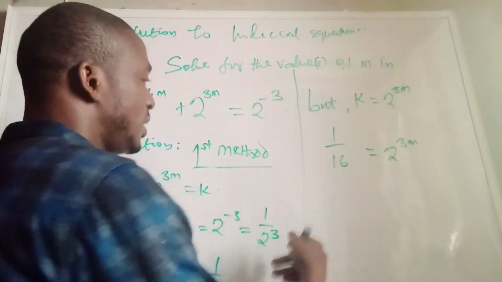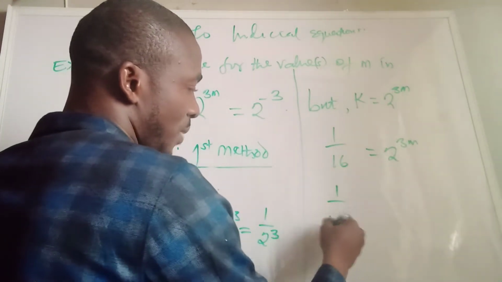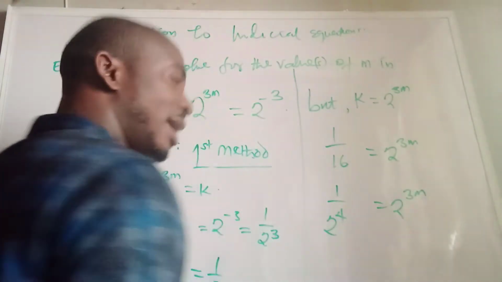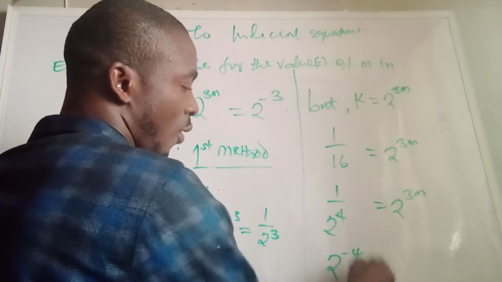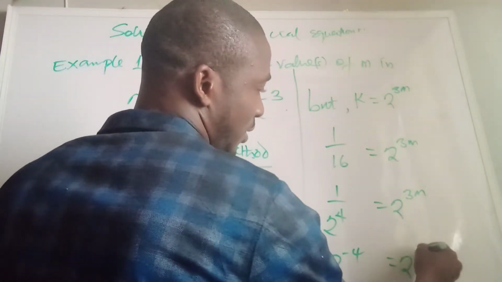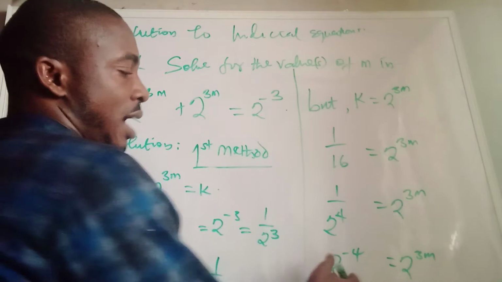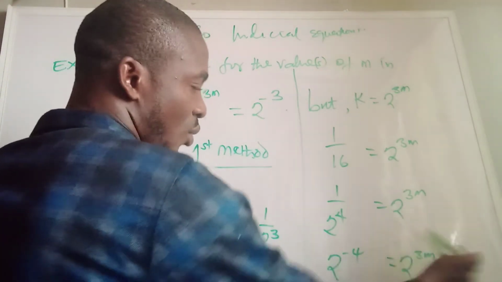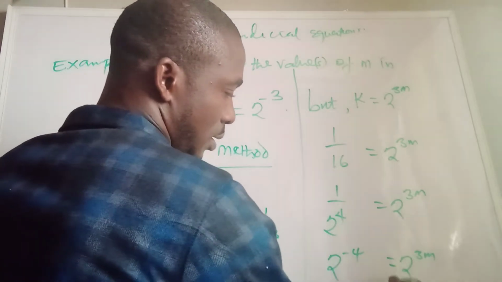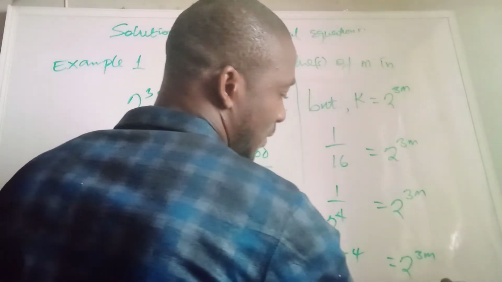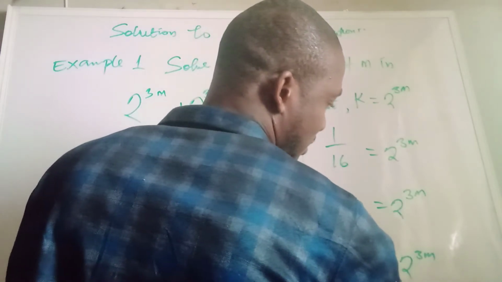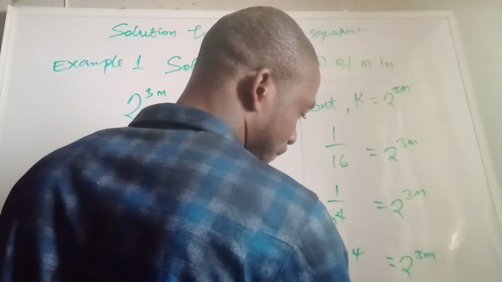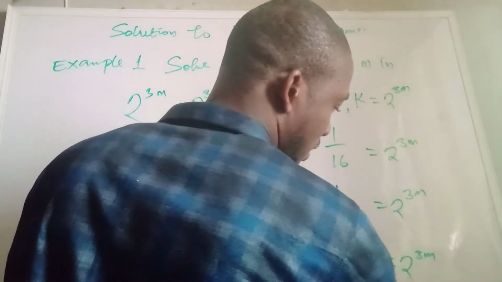What's the relationship between these? I can as well say 1 over 2 raised to power 4 is equal to 2 raised to power 3m. Likewise, I can say 2 raised to power minus 4 is equal to 2 raised to power 3m. Now we have the same base, so I equate the index, since we have the same base.